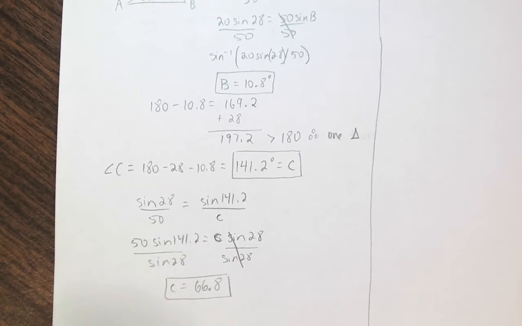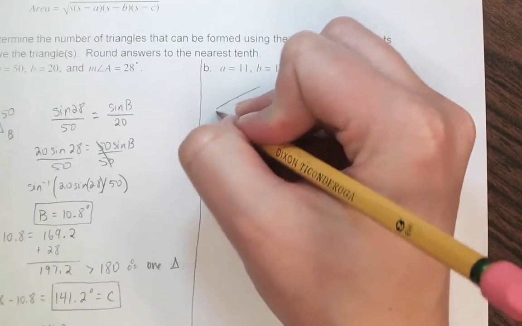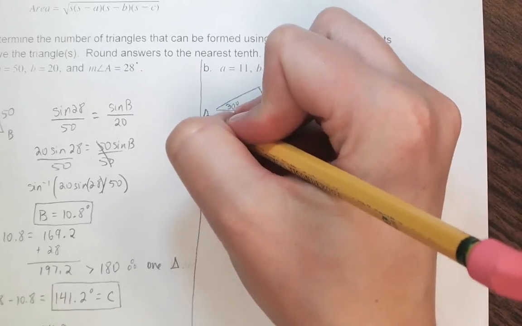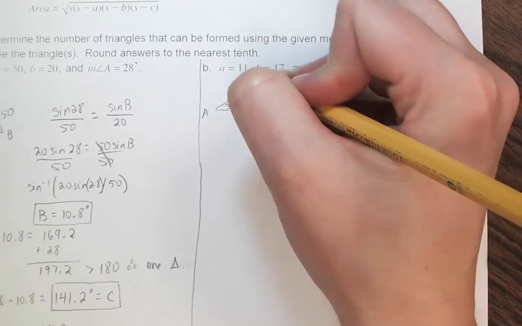Alright, let's look at part B. I'm going to start the same way and sketch a picture of what I have going on. Here's my triangle. I have 30 degrees for angle A, 11 for side A, and side B is 17.